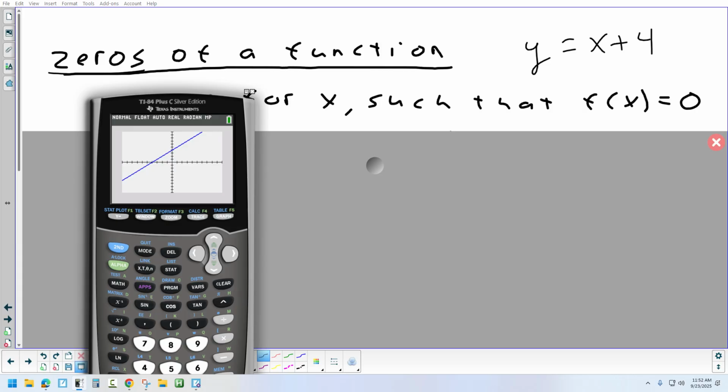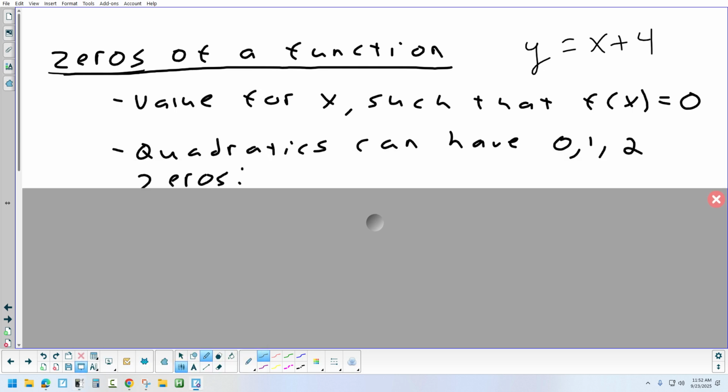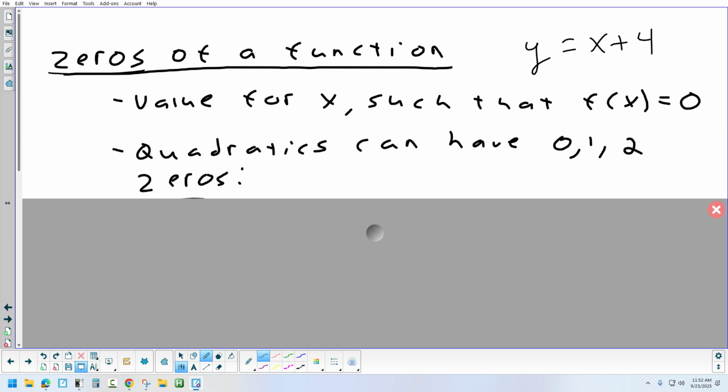It has to be a U shape. But it could have 2 zeros. Yep. It could have none, right? You could definitely have a U shape that never crosses. And there's one other thing that could happen. Yep. You could have 1. So when we're talking about a quadratic, it can cross the x-axis 0 times, 1 time, or 2 times.